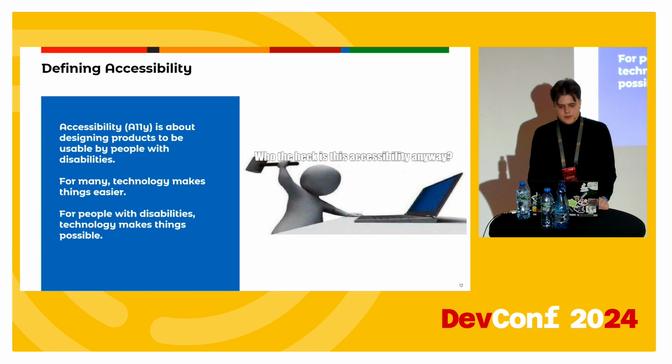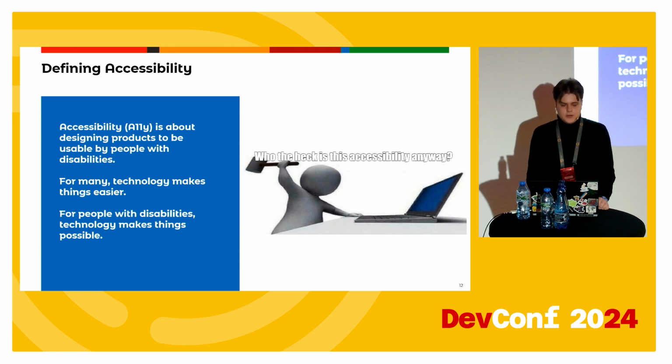Accessibility, often abbreviated as A11Y, refers to a design of products, services, and environments in a way that enables their use by people with disabilities. While technology often simplifies tasks for most users, for people with disabilities, technology can be a powerful enabler, turning the impossible into possible.